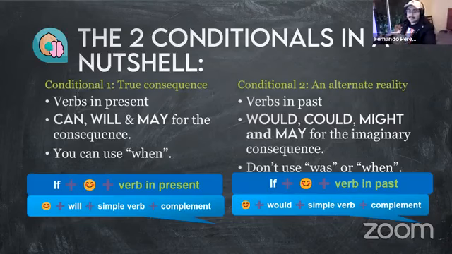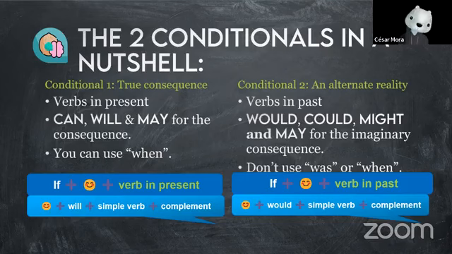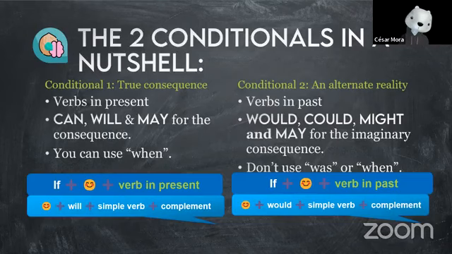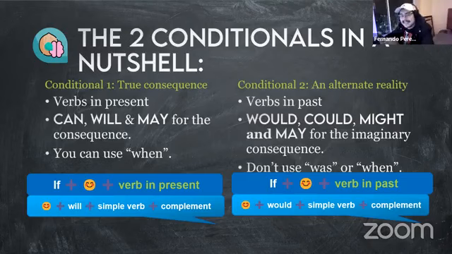That's the most important part of the conditional, the condition. If something happens, there is a consequence. Sometimes it can be imaginary, and sometimes it's a true consequence.